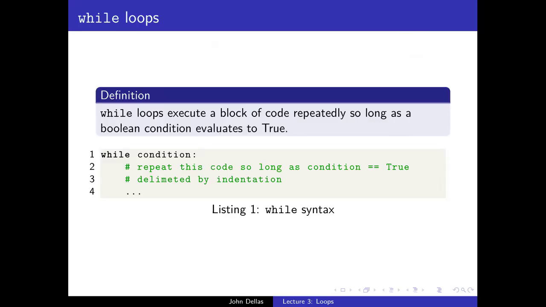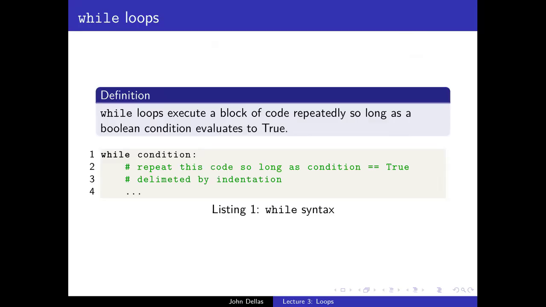Okay, while loops. Here's just an example of some while loop syntax. You'll notice it looks like the if statement that we saw: there's some Boolean condition and we delineate what's in the body of the while loop using indentation again.